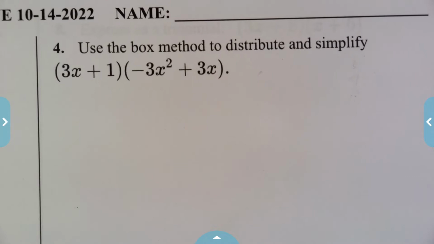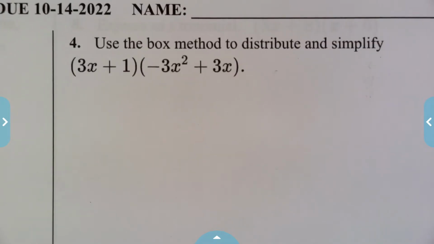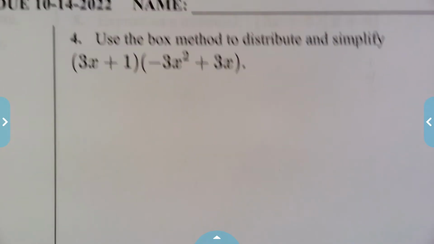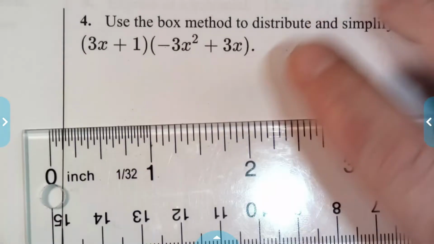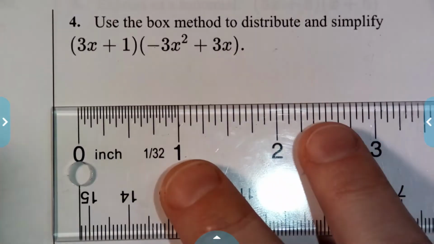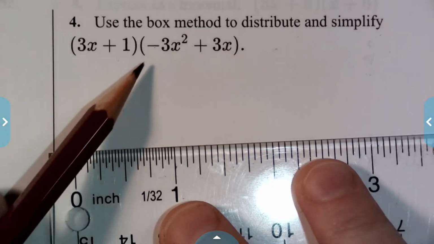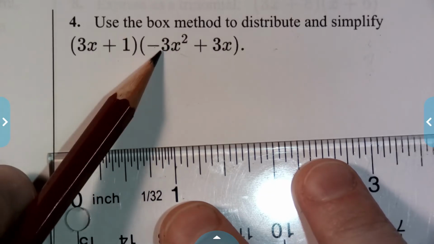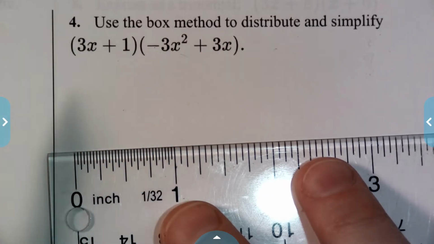Use the box method to distribute and simplify. Okay, so this time they didn't give us the little box. They just want us to draw it, and that's good. So you got to think, how many terms by how many terms? I got a binomial by a binomial. So I need exactly what was in that previous problem.